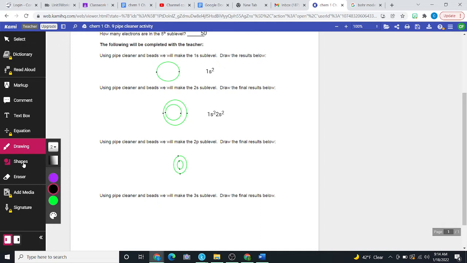Now you're going to take one of them, and you are going to add 1 electron to it. Now, if you add 1 electron to it, you are then going to shape it like the number 8 or an infinity sign. Now, mine are never very pretty when I do this, but just make sure it looks somewhat like it should.